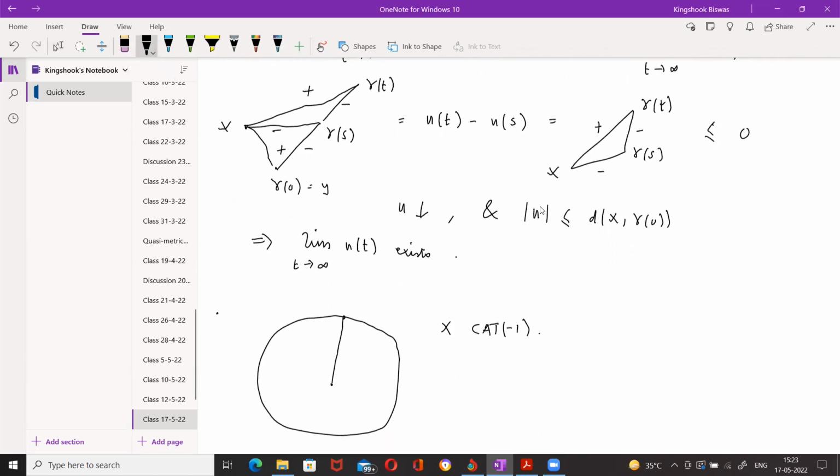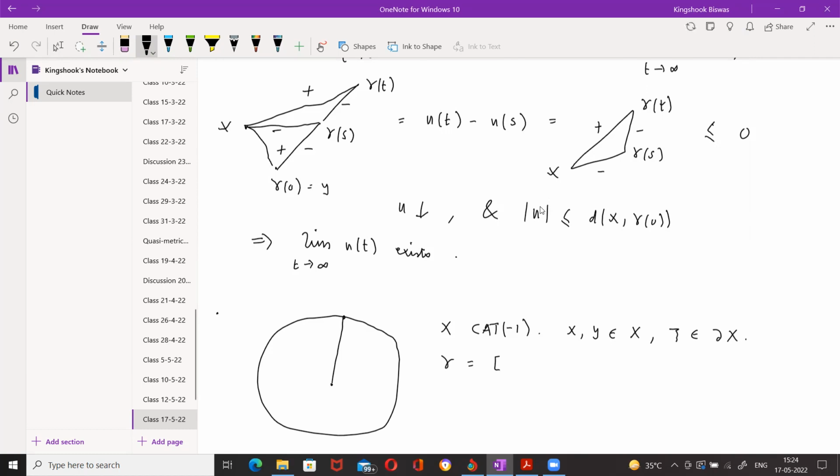If I take x, y in X and xi in the boundary of X.